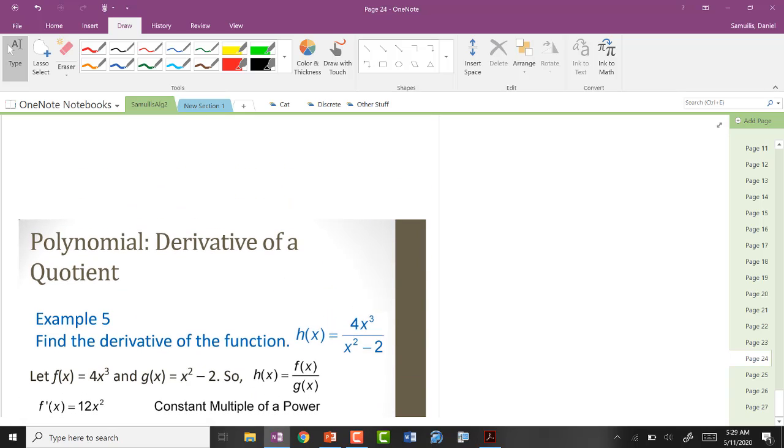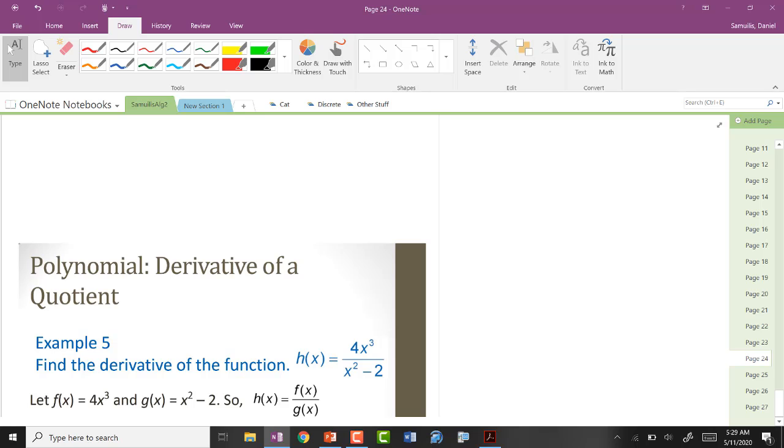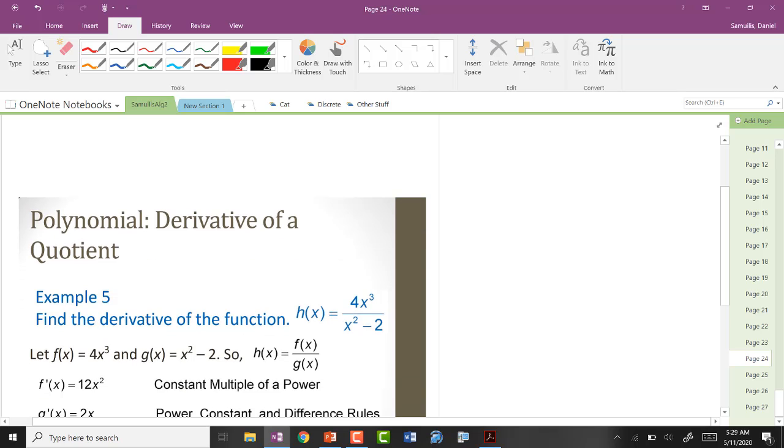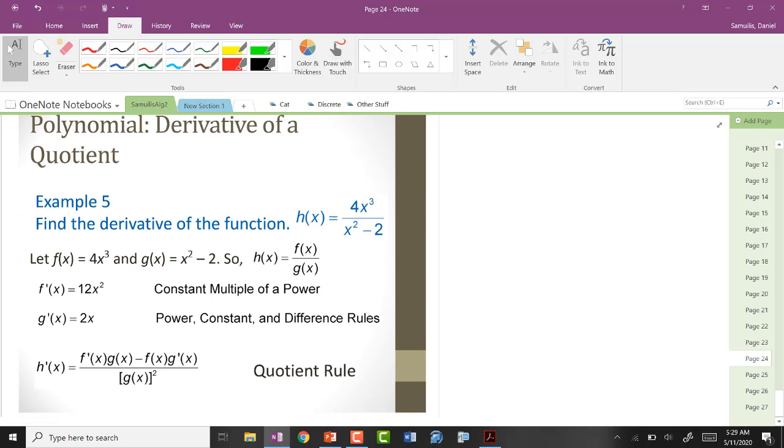Okay, so I actually went through and just did the work this way, to kind of explain it. So finding the derivative of the function, again, let's go through the formula. Derivative of the first function. Here's the first function. The derivative is 12x squared. We're going to need the derivative of the second function here shortly, so we'll go ahead and find the derivative of the second function, which is 2x.